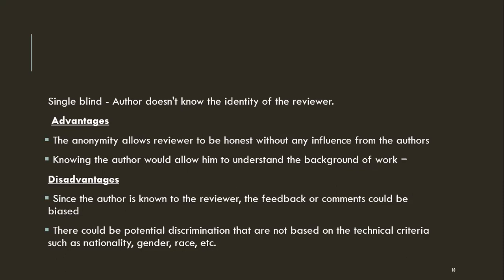This is the single blind method. The advantage of this method is that the anonymity allows the reviewer to be honest without any influence from the authors, and knowing the author would allow them to understand the background of the work. So you will be getting honest feedback from the reviewer.